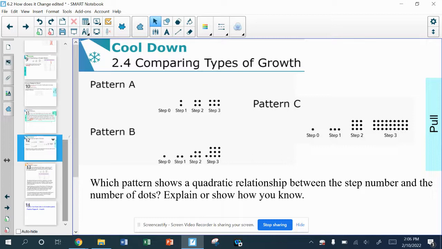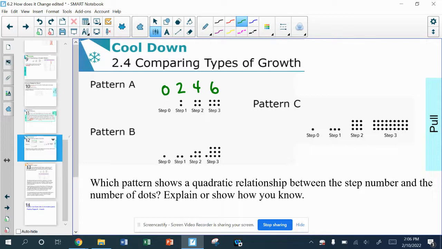In step 1, I've got, let me be writing these down. Here I've got 0. Here I've got 2. Here I've got 4. Here I've got 6. So think about what's happening here. Clearly, we are just adding a constant rate of change every single time. It's increasing by 2 in every step.